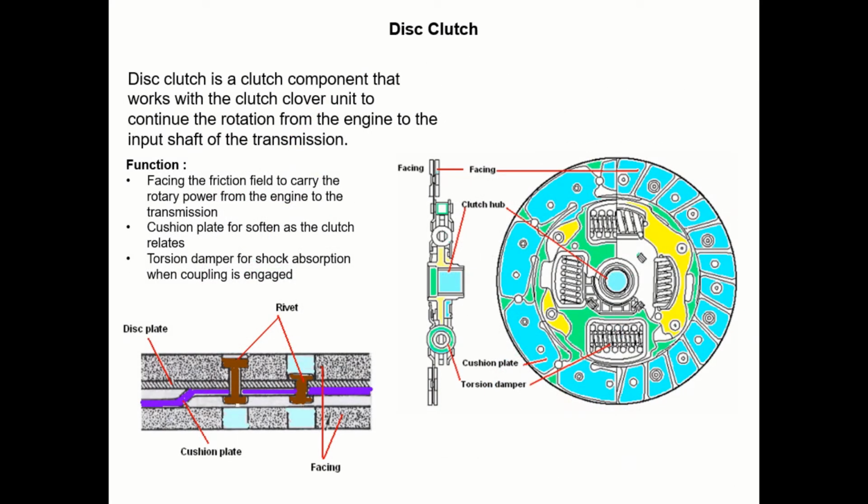The clutch disc is a clutch component that works with the clutch cover unit to continue the rotation from the engine to the input shaft of the transmission.